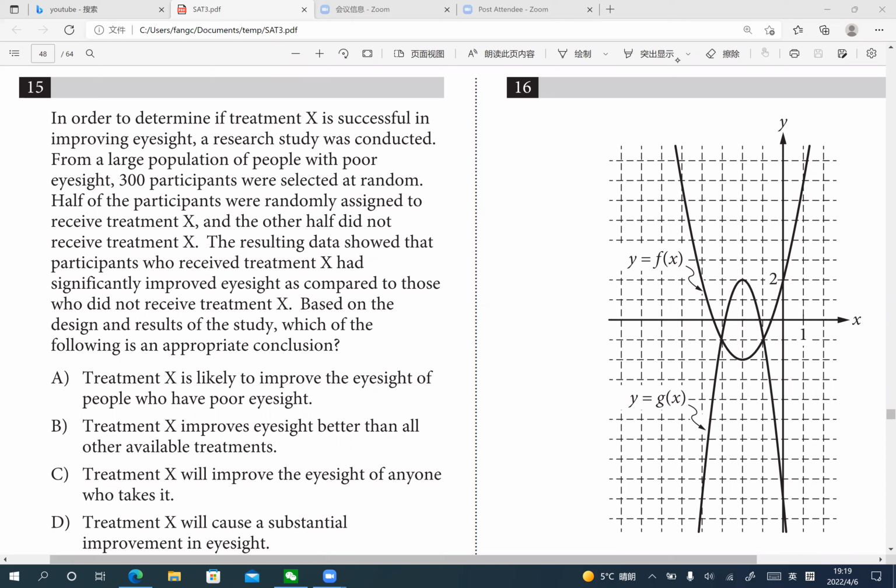Half of the participants were randomly assigned to receive treatment X, and the other half did not receive treatment X. The resulting data showed that participants who received treatment X had significantly improved eyesight as compared to those who did not receive treatment X. Based on the design and the result of the study, which of the following is an appropriate conclusion?